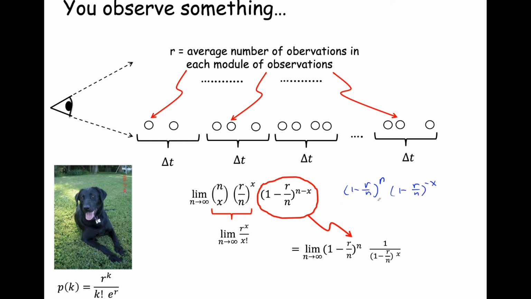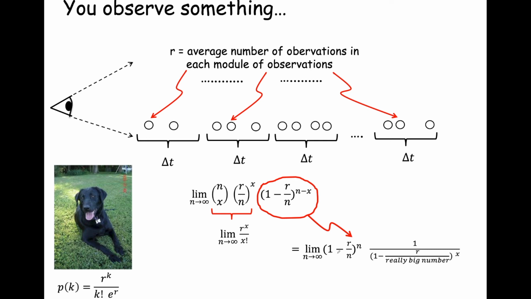Okay, so that's just this term, 1 minus r upon n to the n power, times 1 over 1 minus r upon n to the x power. It's a negative exponent, so it's 1 over. Okay, so now I have this expression, and I'm going to consider my limit.